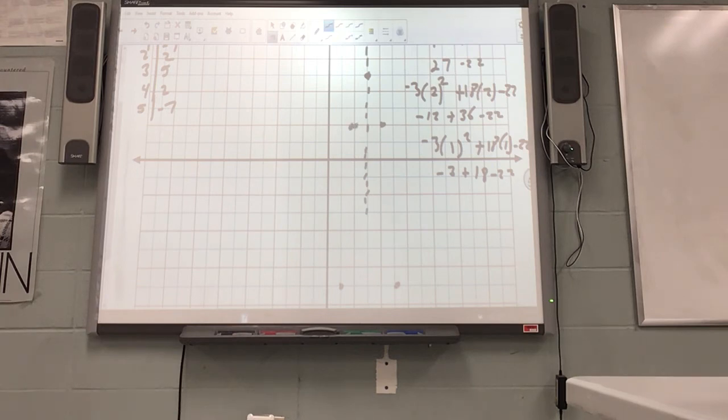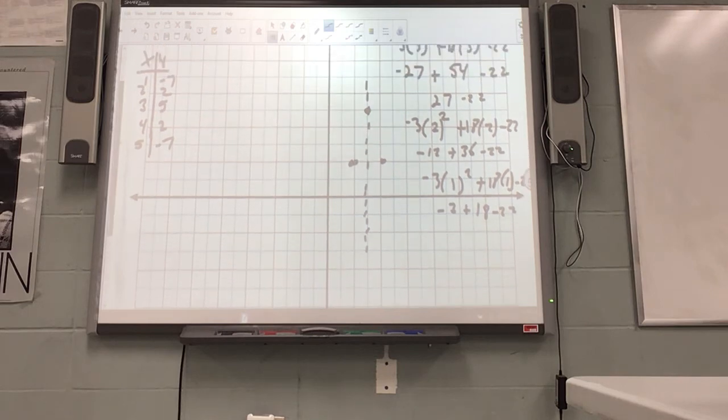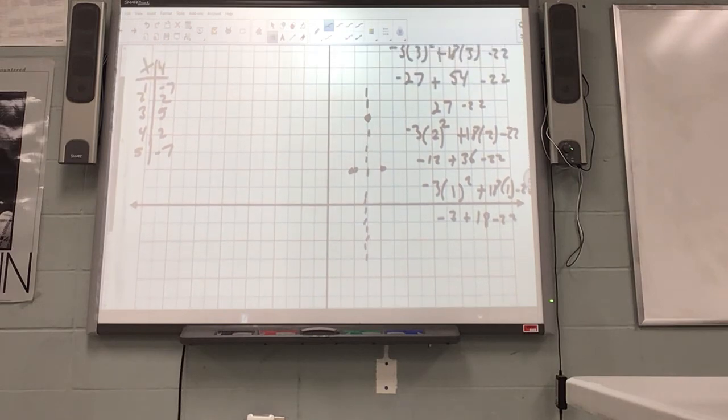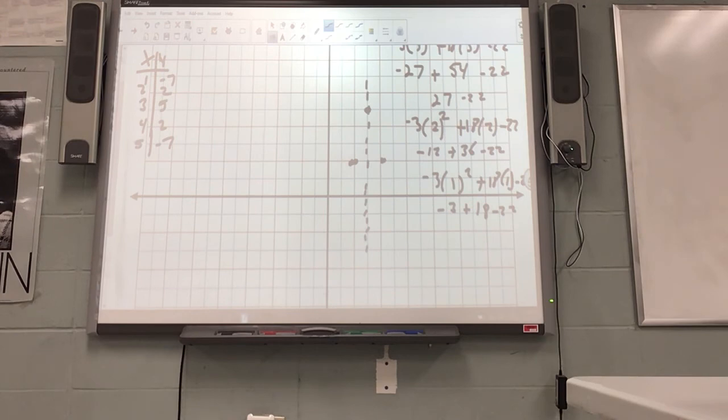What do we do? Then is that point inside or outside? Is it inside the U or outside the U? The point 0, 0. Outside. So it's outside, so you color outside.